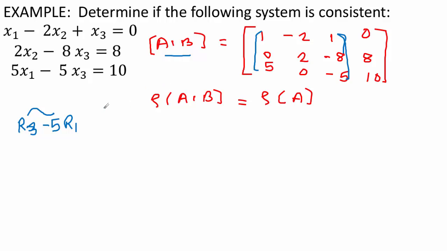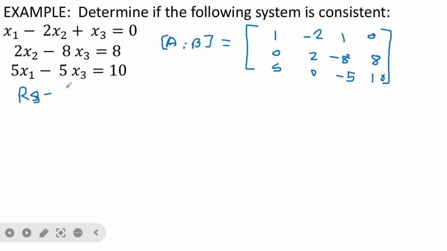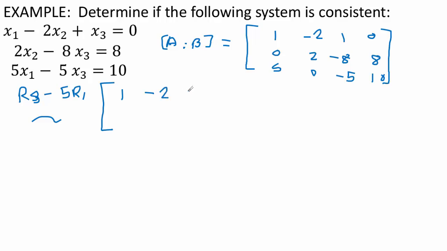Other two elements will change as per R3 minus 5 R1. The first row will not change; we shall write it as it is. Second row also as it is. We have to change only the third row because we are applying the operation on the third row. We have to multiply by 5 to this.